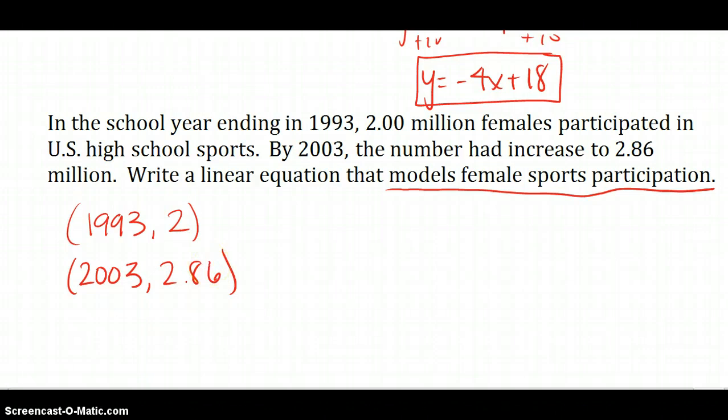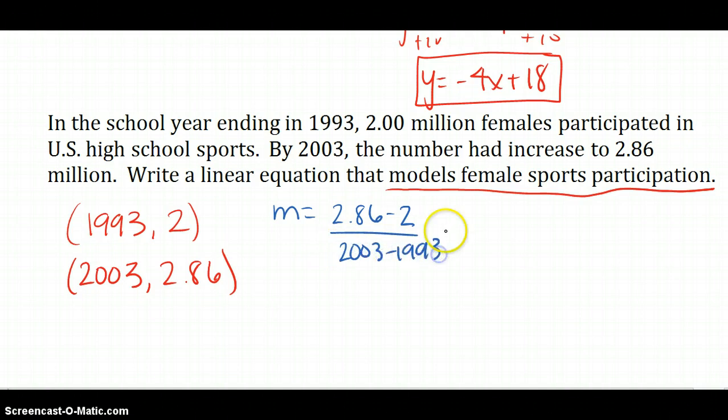So if we find the slope between these 2 ordered pairs, we do y2 minus y1, so 2.86 minus 2, over the change in x, so 2003 minus 1993. That gives us 0.86 over 10, which is 0.086.